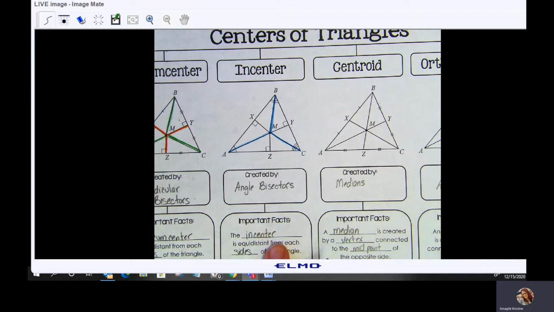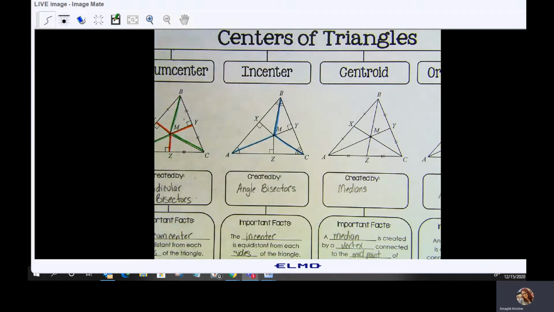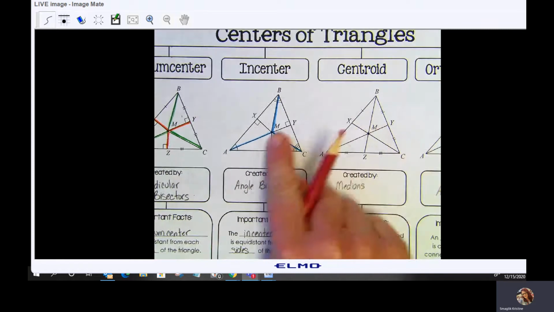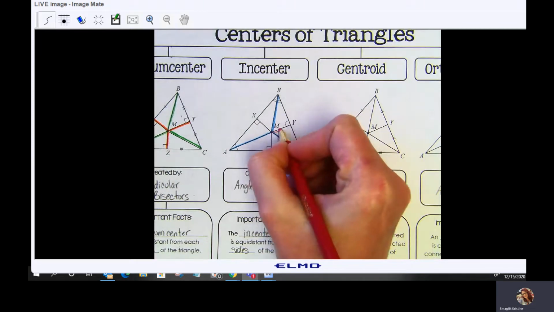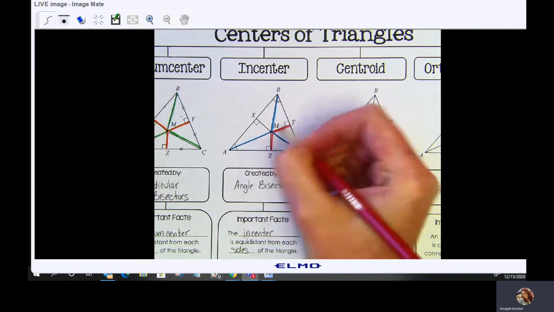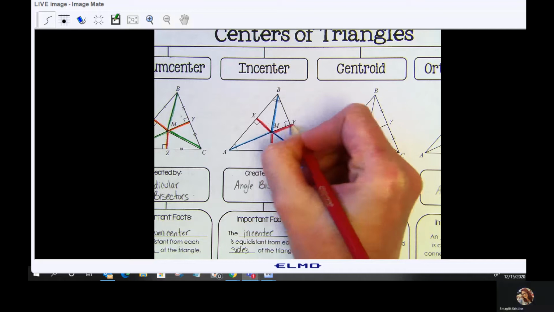Now, important facts. The incenter is equidistant, and again, that means equal distance from each of the sides of the triangle. So that means if it's equidistant from the sides, all of these segments are going to be congruent.